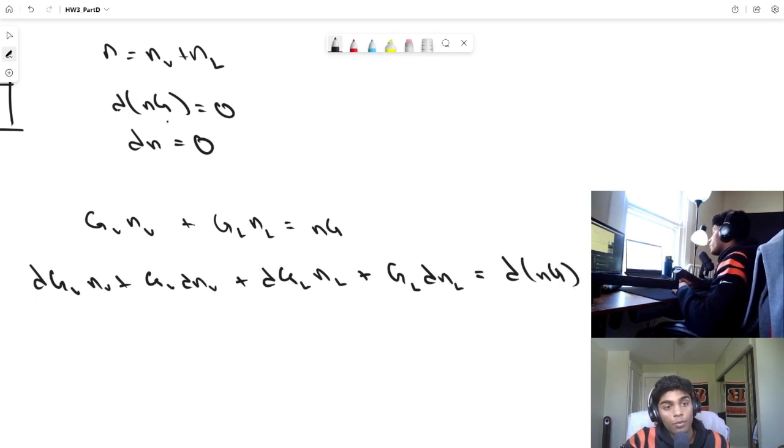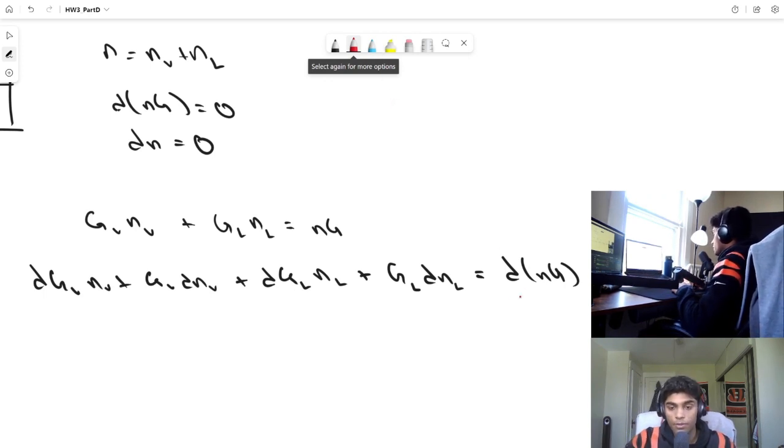Now up here we stated that our differential of Gibbs energy per mole is going to be 0. So we can go ahead and cross that out.